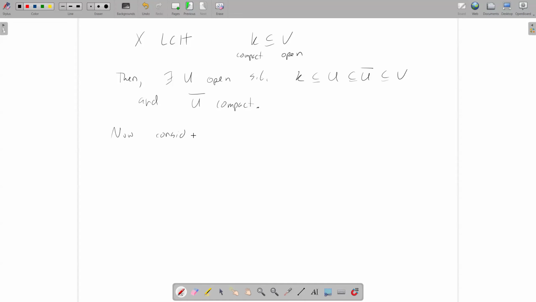Okay, so now consider X star. This is the one point compactification of X, which is therefore compact, Hausdorff, which is therefore normal.